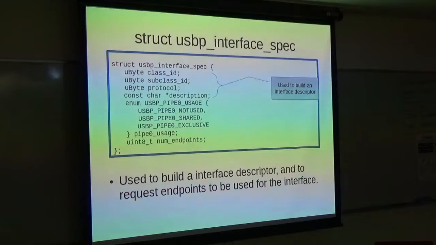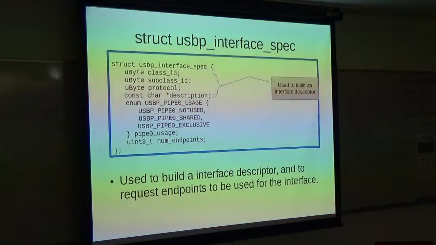And some interfaces use the control pipe in their own way. If the interface uses the control pipe in that way, that interface cannot be combined into one device with other interfaces.